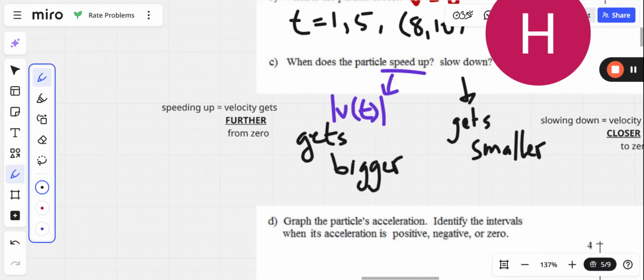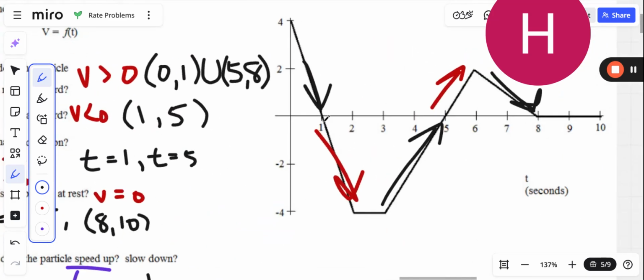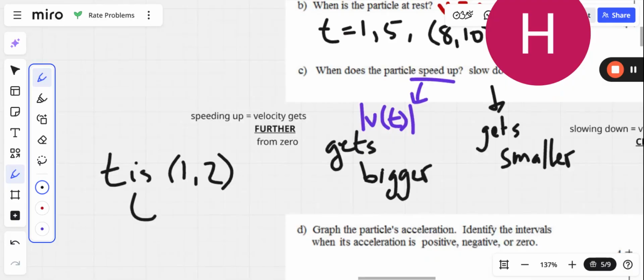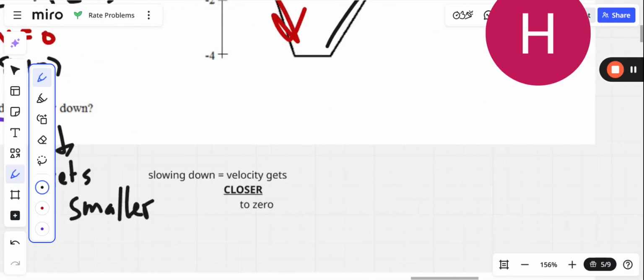So this is going to be from 0, speeding up, sorry. From 1 to 2, it's going further, and then from 5 to 6. On the other hand, it is slowing down when we're getting closer to 0.